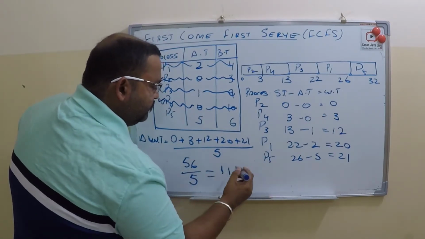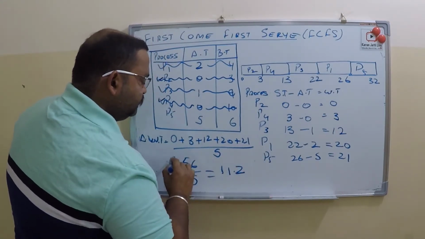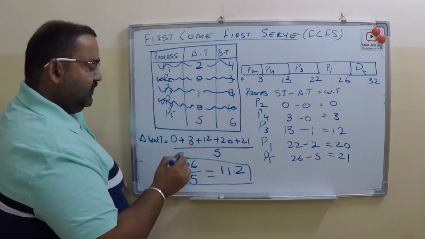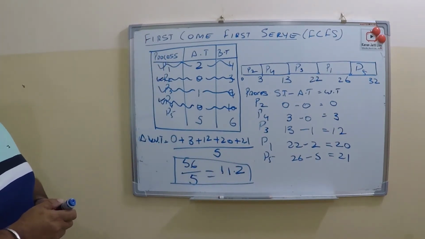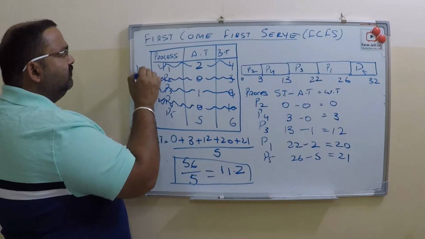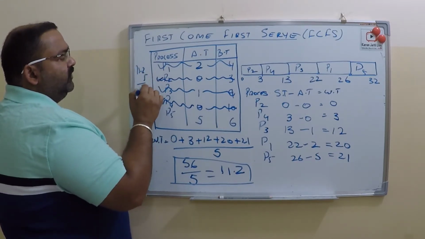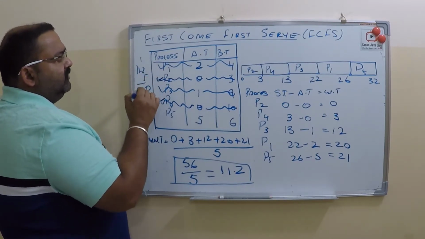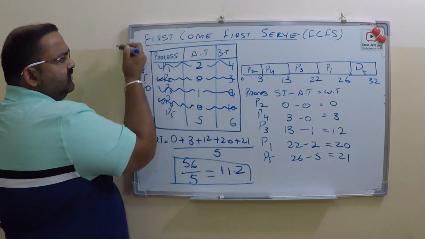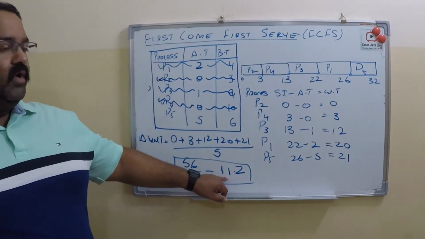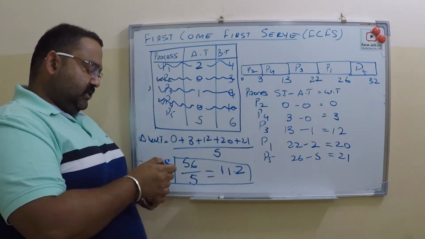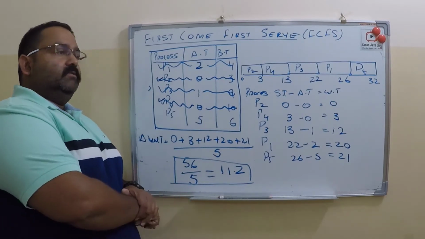It should be 11.2. That should be the average waiting time. 11.2 into 5 is 56, yes. So 11.2 will be your average waiting time.